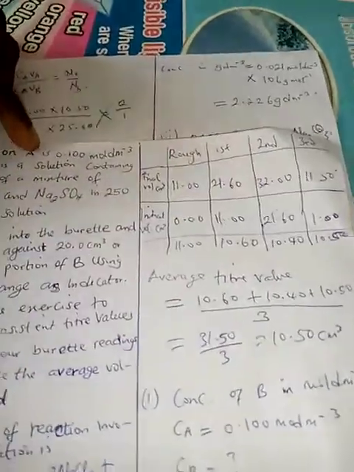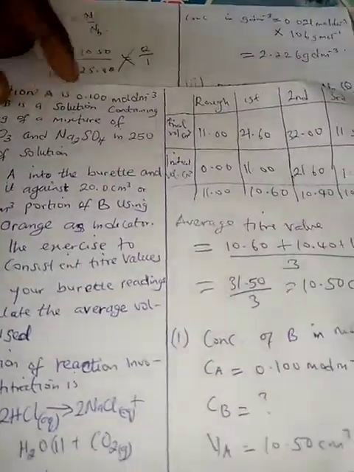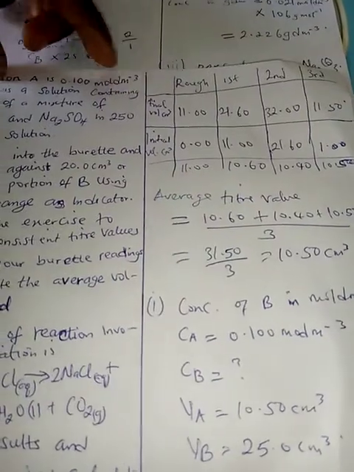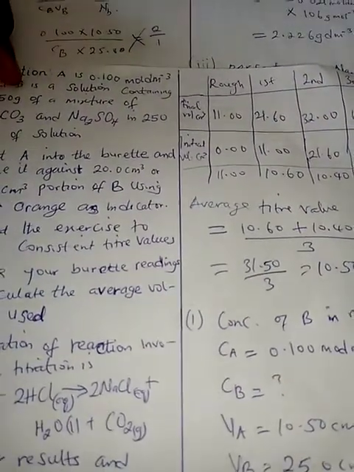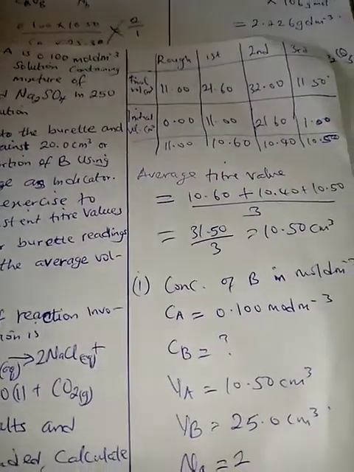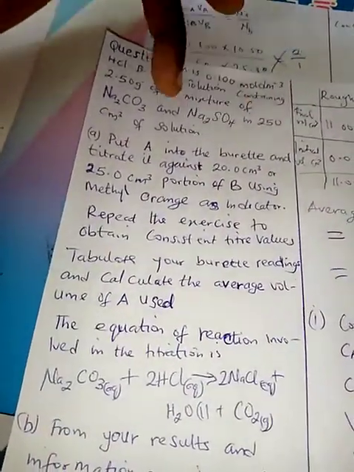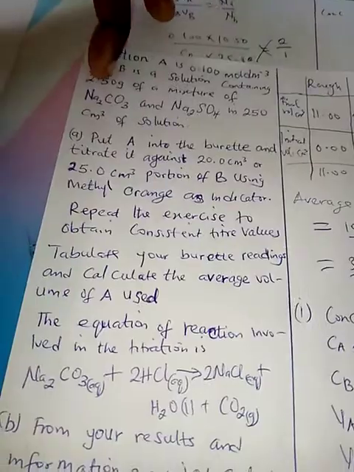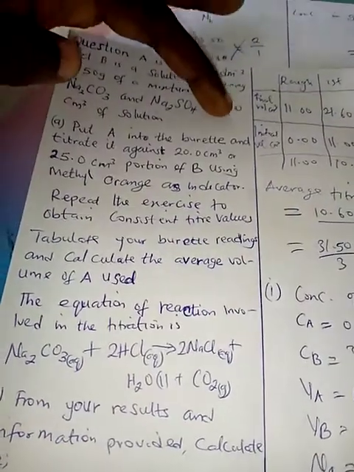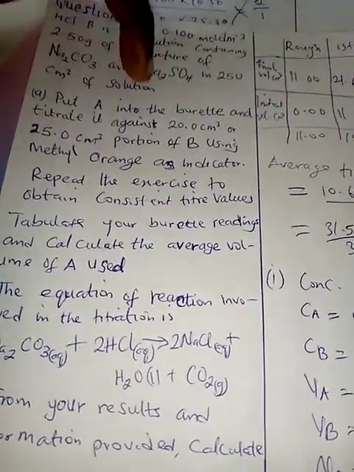Now remember that in the question, this solution A was given in mole per dm cube, and B was not given in mole per dm cube, but rather we are told that this contains 2.50 gram in 250 cm cube of the solution.